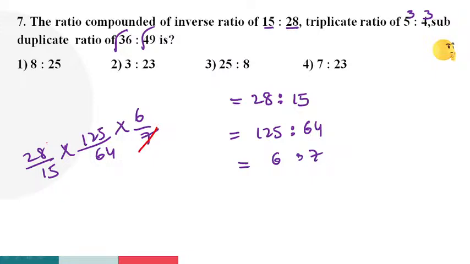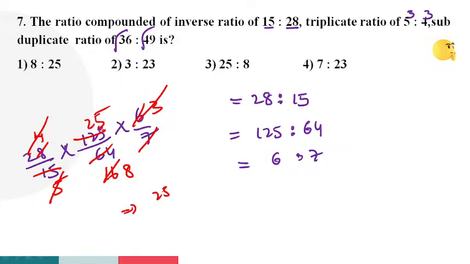So 7 ones are 7, 4 sevens are 28. 4 ones are 4, 16, 2 eights are, and 2 threes are. So earlier we needed to use 5 there. So 5 ones are 5, 25s are, and next 25 by 8, guys here. That's why option 3 is the right answer. Very good, excellent. Any doubts regarding this problem, guys?